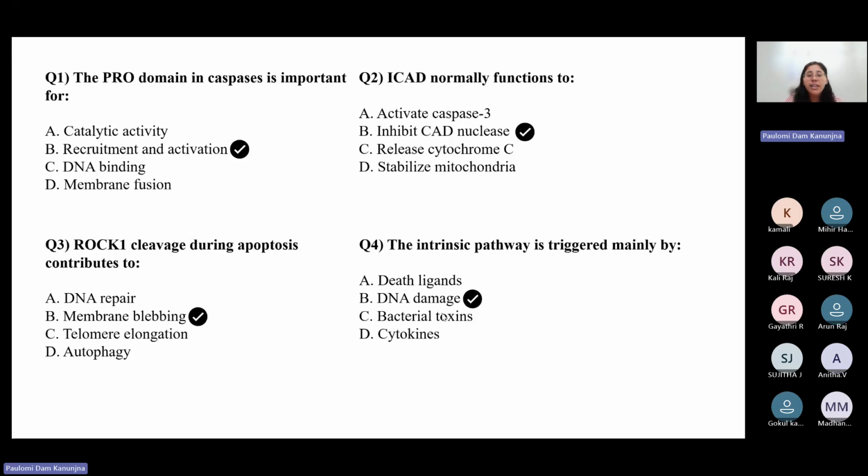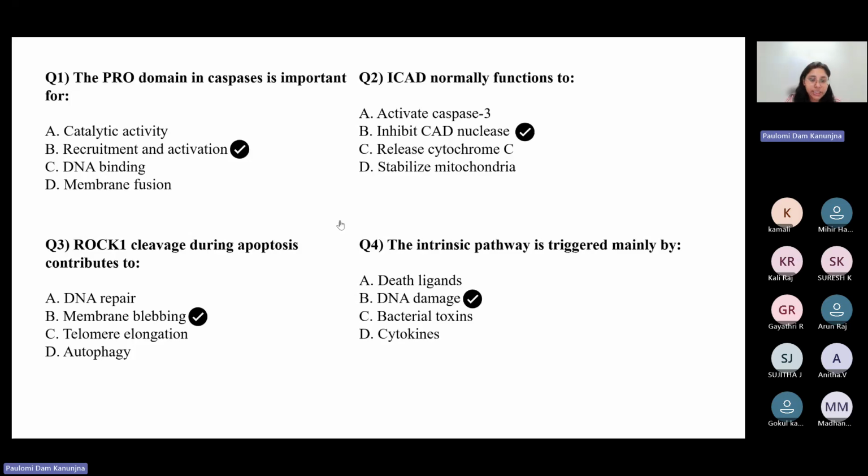Next you have ROCK1: ROCK1 cleavage during apoptosis contributes to membrane blebbing. ROCK1 is basically a serine threonine protein kinase associated with Rho. The full form is Rho-associated coiled-coil containing protein kinase.